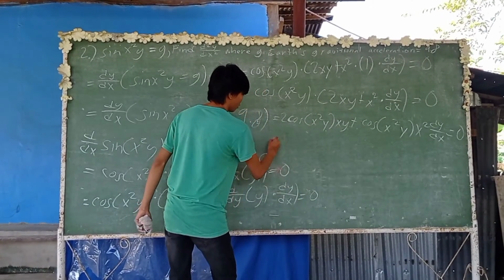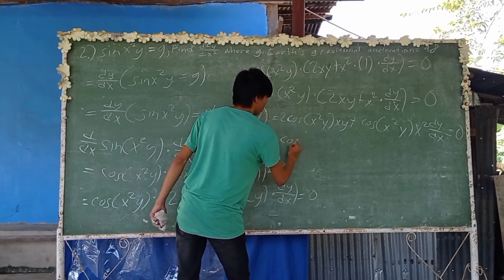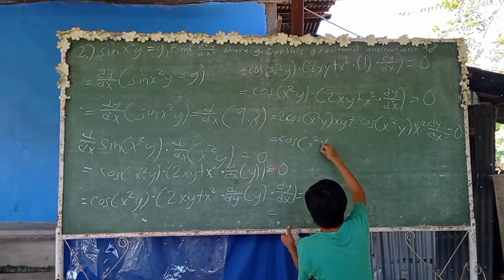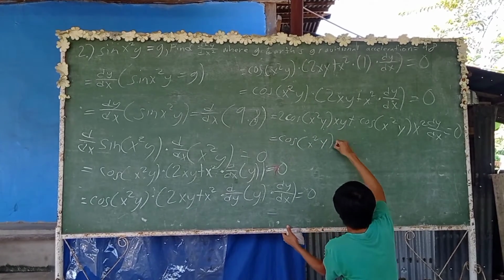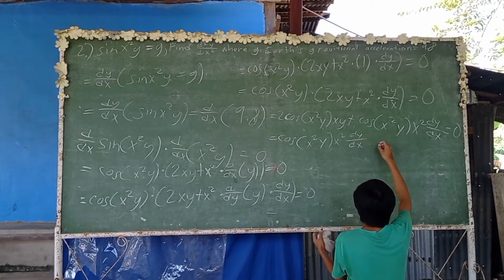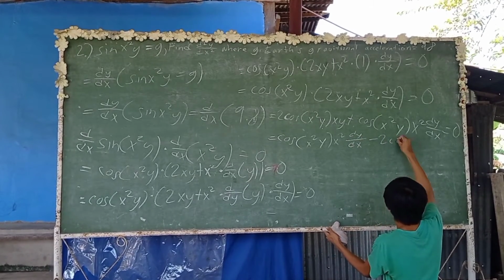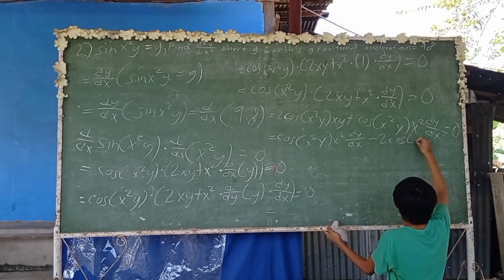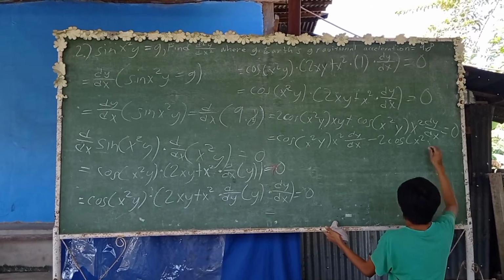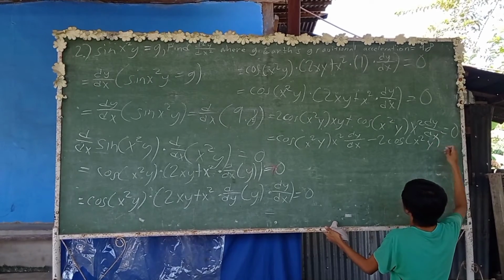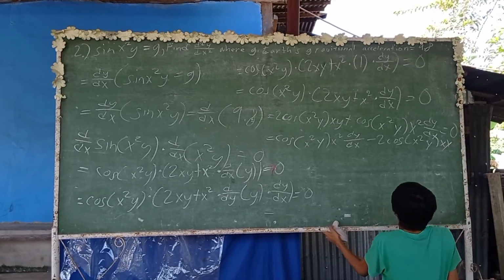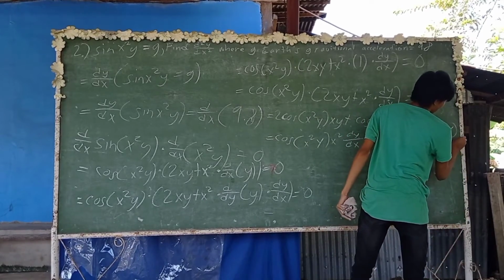So cos of x squared y x squared dy over dx minus 2 cos of x squared y xy is equal to 0.